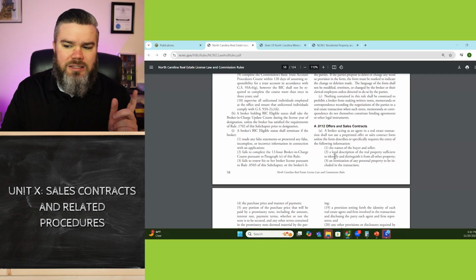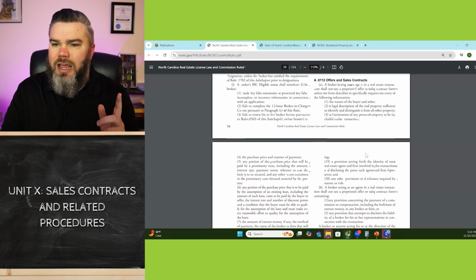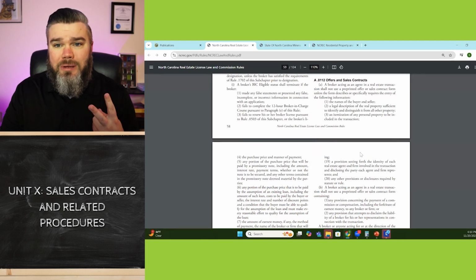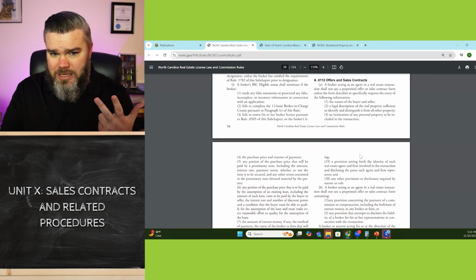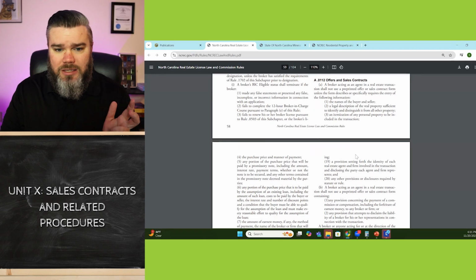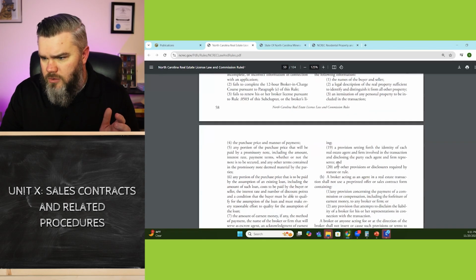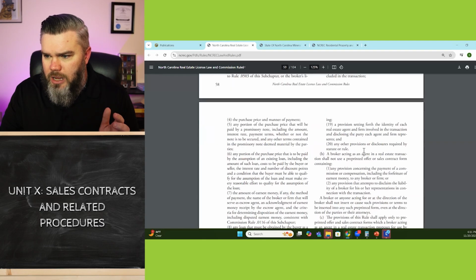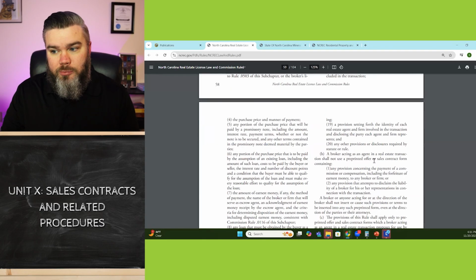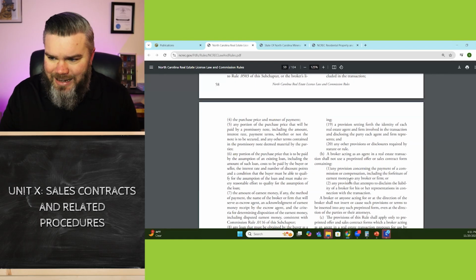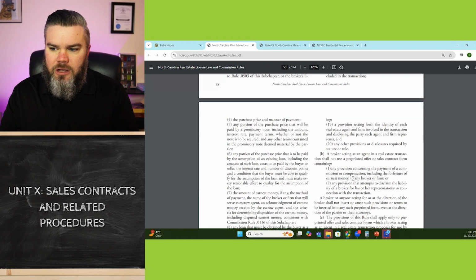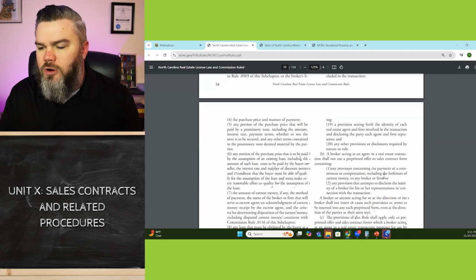The other big thing that it says is that it cannot contain 2 prohibited provisions. And these prohibited provisions like to show up on the test. It says, a broker acting as an agent in a real estate transaction shall not use a pre-printed offer or sales contract form containing 1, any provision concerning the payment of a commission or compensation, including the forfeiture of earnest money to any broker or firm.